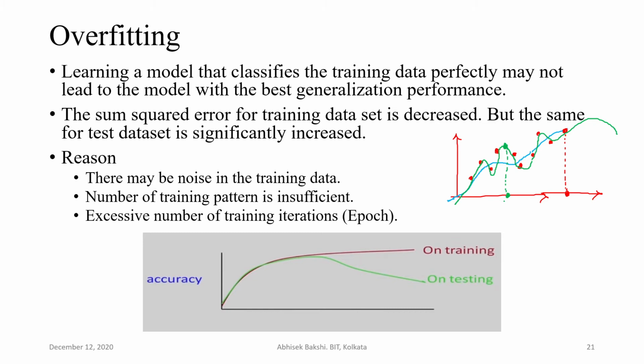And now another cause of this type of overfitting is an excessive number of training iterations. A new word comes in here for you, that is epoch.